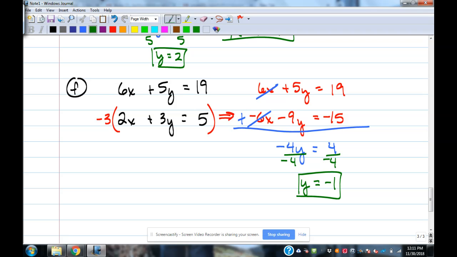How do I get x? Plug it into one of the problems. Doesn't matter which one. I'll go back to one of the originals. Looks like the bottom one has smaller numbers in it, so I'm going to use it. Ends up being 2x minus 3 is equal to 5. Plus 3 to 5, that's good. 2x is equal to 8.